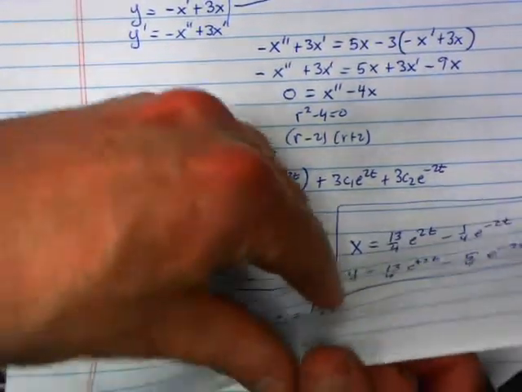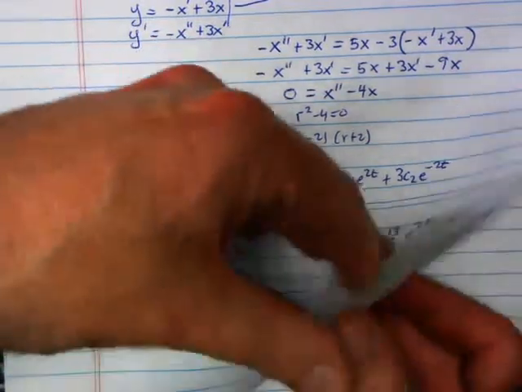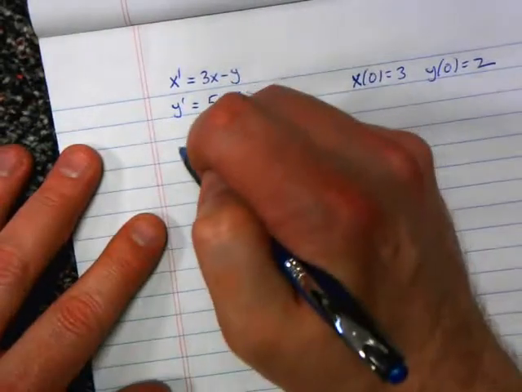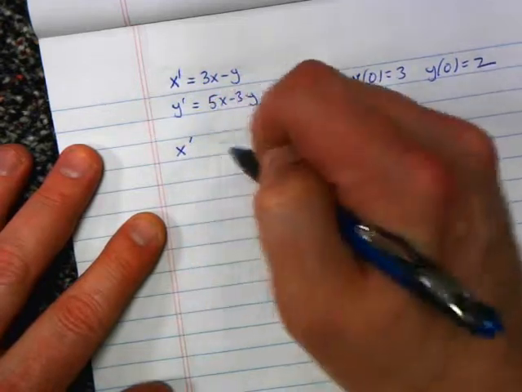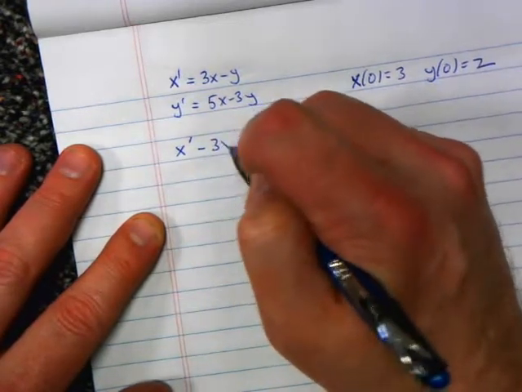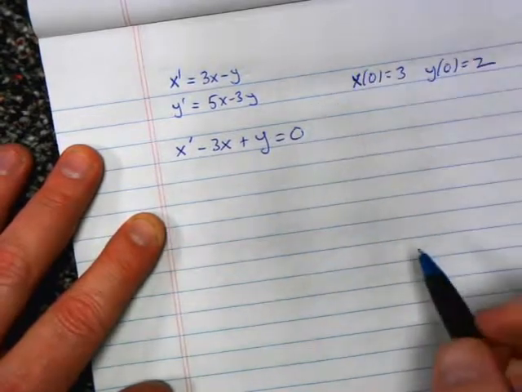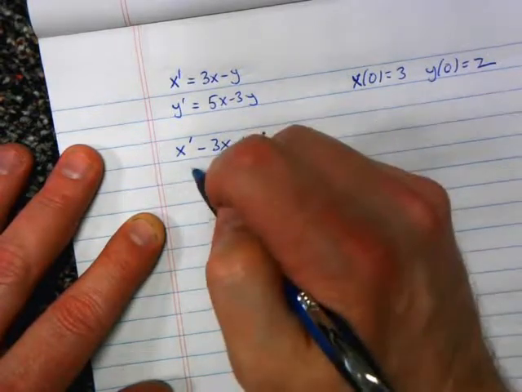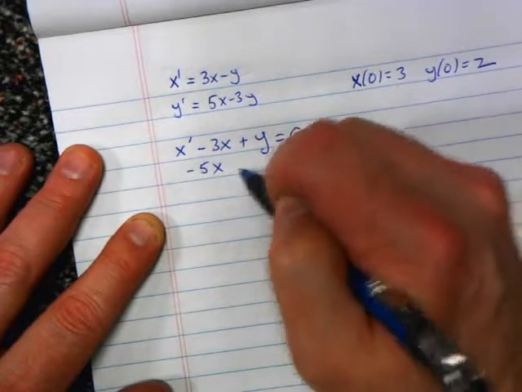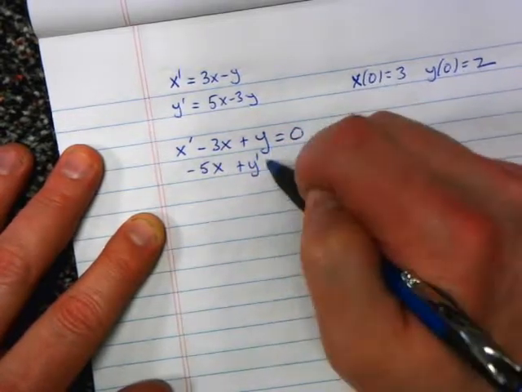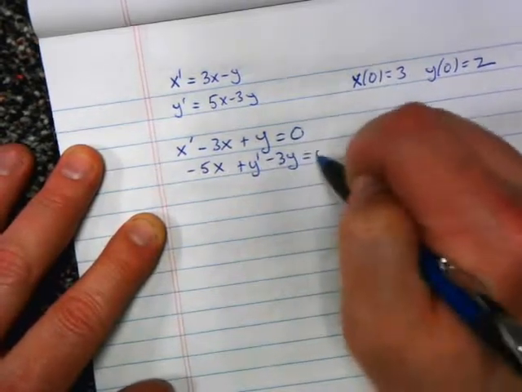Okay, so here's what we're going to do for systems of differential equations. I'm going to rewrite these. I'm going to write this as x prime minus 3x plus y equals 0. And then the second one I'm going to write as minus 5x plus y prime minus 3y equals 0. So what did I do?